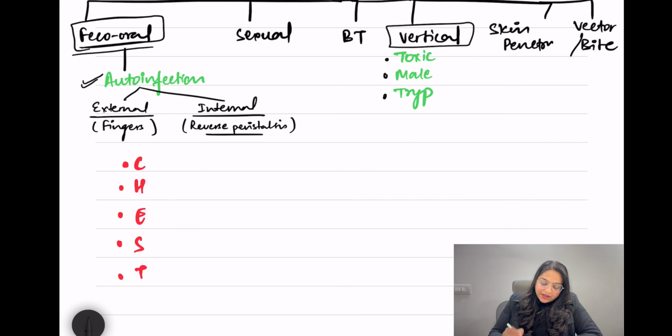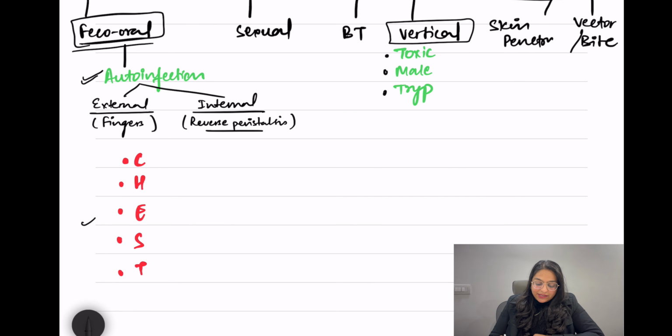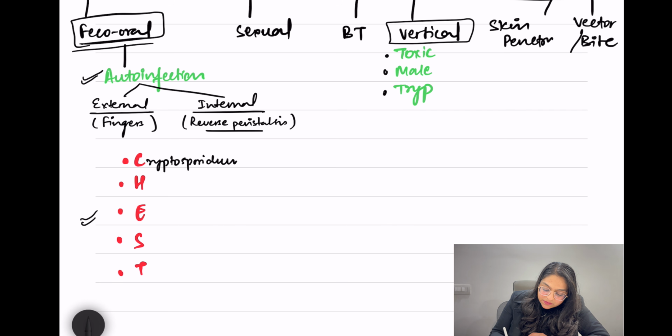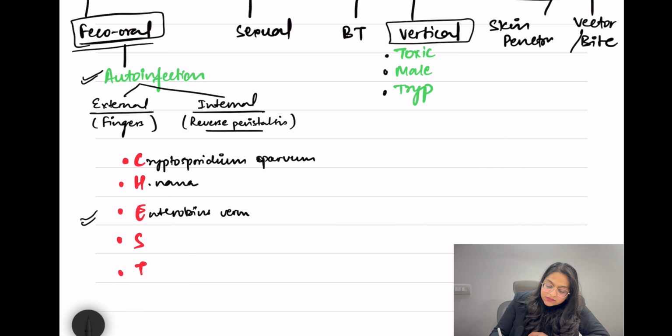Whenever I say auto-infection, I want you to remember one mnemonic: CHEST. So these CHEST are the set of organisms which cause auto-infection. C for Cryptosporidium parvum. H. nana is everywhere. Enterobius vermicularis.